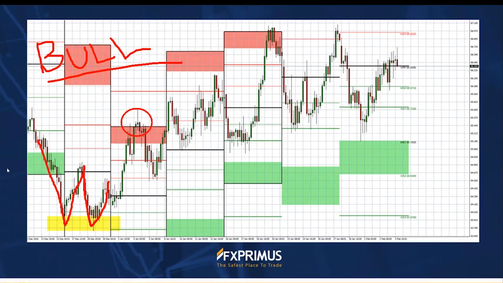That pattern. Is that not a double bottom? Well, it's actually not a double bottom until we get this higher high here. Yeah?